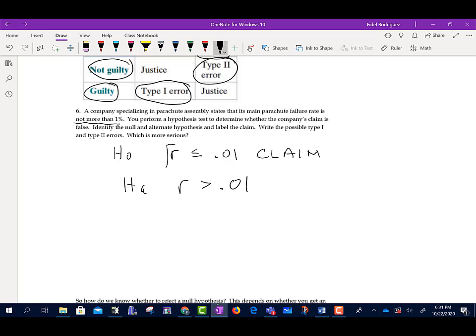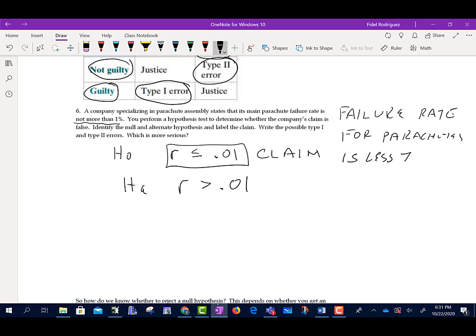We assume that this is actually true, that the failure rate for parachutes is less than 1%, but we reject it. Now, let's look at a type 2 error.